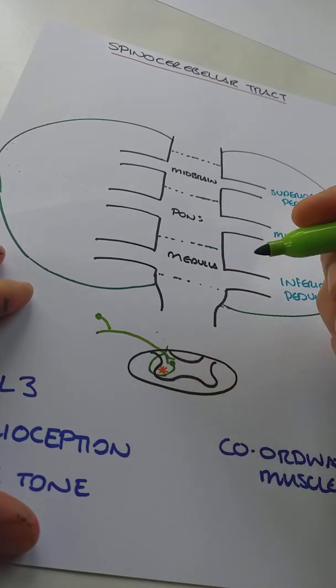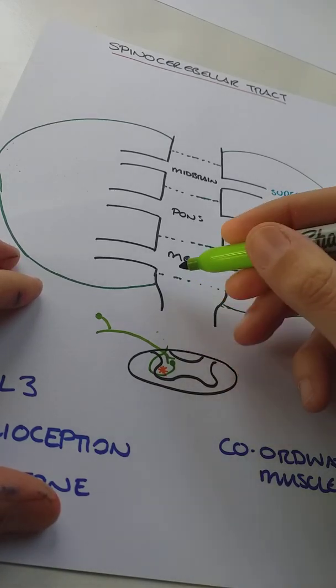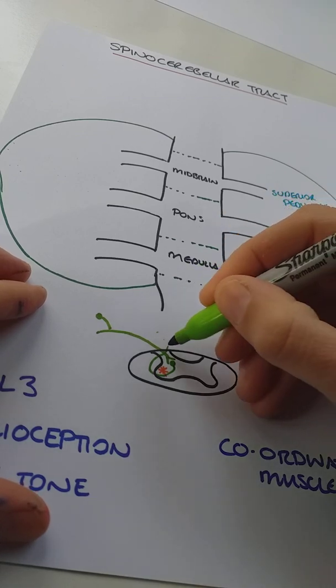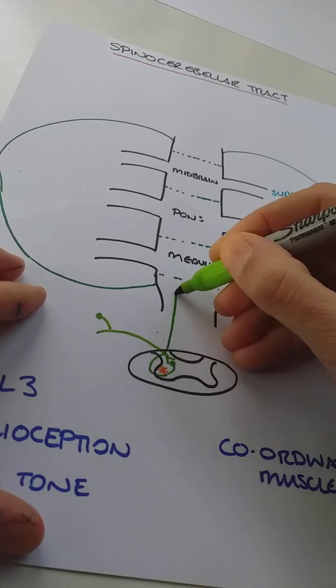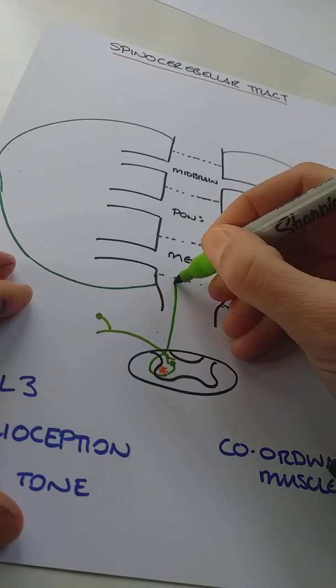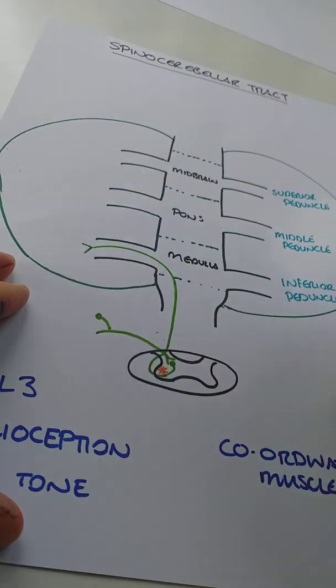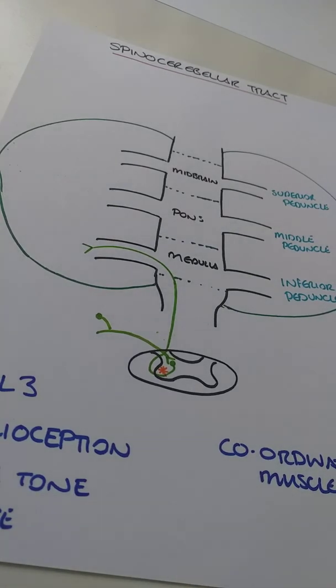So it doesn't decussate. It stays on the same side. The second order neuron comes up and heads off into the inferior peduncle, and then can head off to the third order neuron.